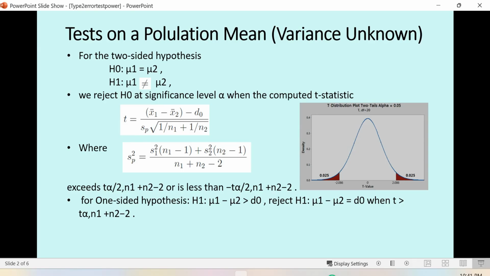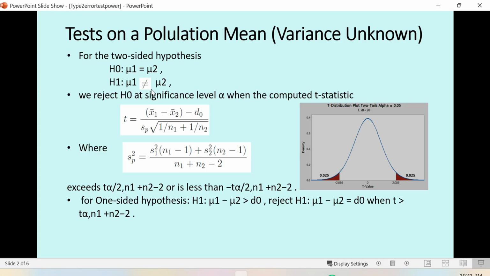For example, here is a test on the population mean, and we have null hypothesis H0, which is a hypothesis that the population mean value equals a specific value. So here we use mu1 equals mu2. And we have alternative hypothesis, which is to reject this null hypothesis.